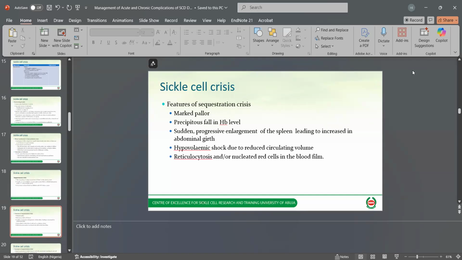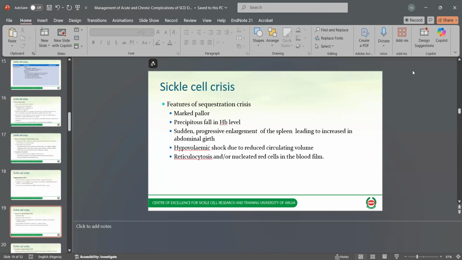If the patient is light in complexion, you could see a patient just becoming white within a very short time. Sudden progressive enlargement of the spleen, leading to increase in abdominal girth.